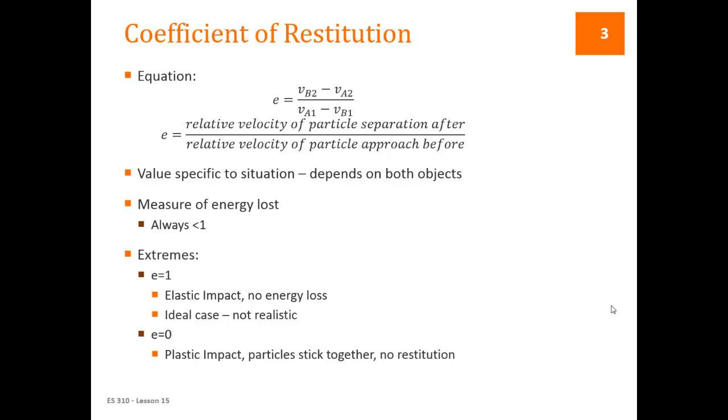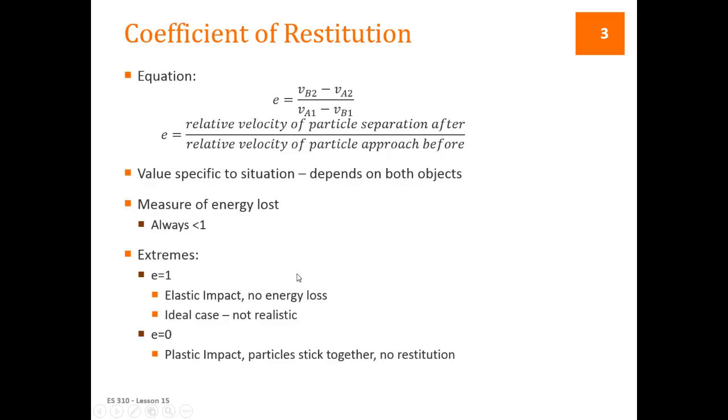So coefficient of restitution is the new topic for today. It's a mathematical equation. It's a coefficient, so it has no units. What it does is capture some information about how much energy is lost. It's the ratio of the relative velocity of the particles separating after they hit to the relative velocity of those particles approaching each other before they hit.